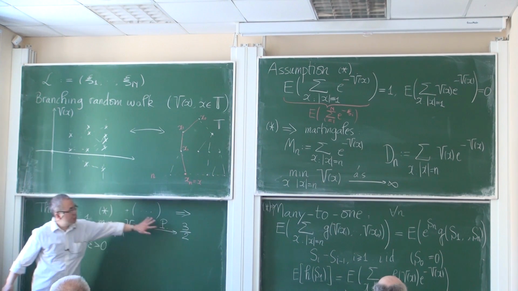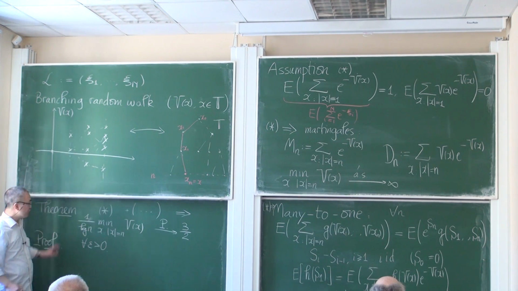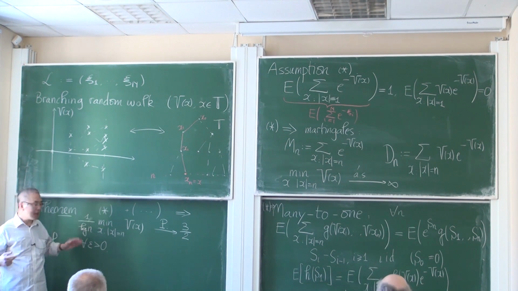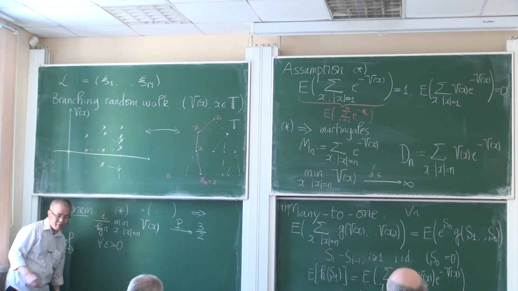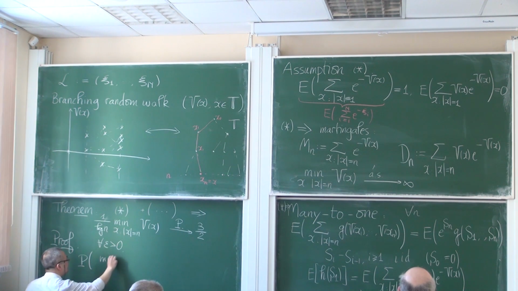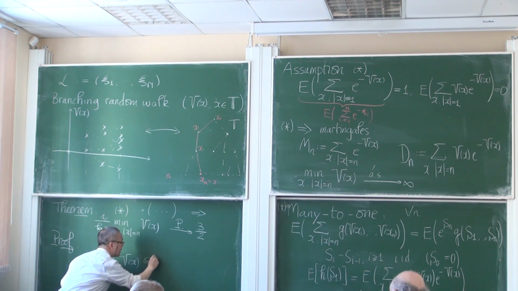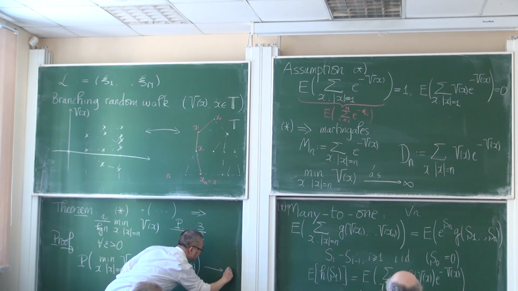So if I want to prove convergence in probability, actually there are two parts. I need to prove that it's at least 3/2 minus epsilon, and it's at most 3/2 plus epsilon. So I fix whatever epsilon. I want to prove that the probability that the minimum is smaller than 3/2 minus epsilon times log n goes to 0.